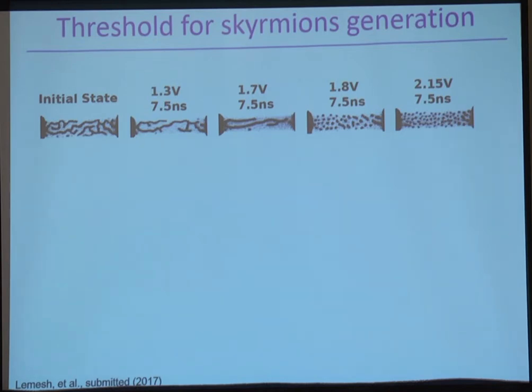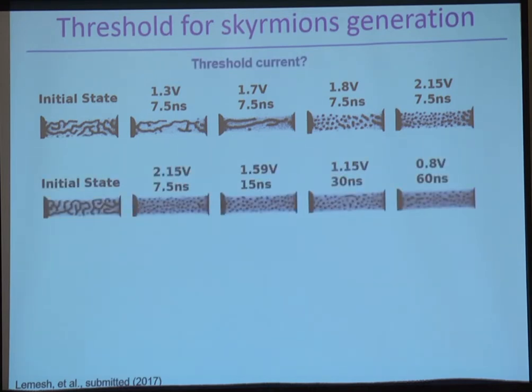But that threshold is not intrinsic. Now, if it were spin-orbit torque that had any role in this, then that should be intrinsic. You expect some small thermal effects, but nothing significant. So what is the threshold current related to? Well, if we do the same experiment, but in this case, we change the length of the pulse and simultaneously change the amplitude of the pulse, so the thermal energy, or the Joule heating, is the same, then we see that we can go well below what this threshold seems to be, 1.8 volts, increase the time of the current pulse, and we can get to exactly the same state with a much lower threshold.